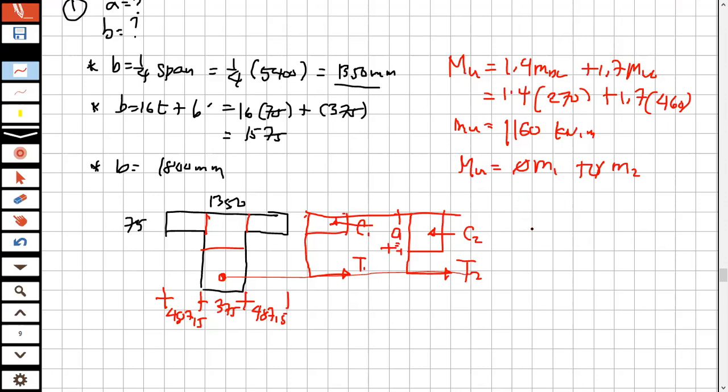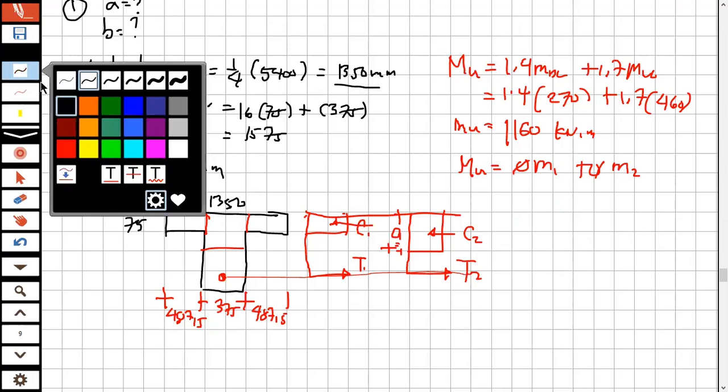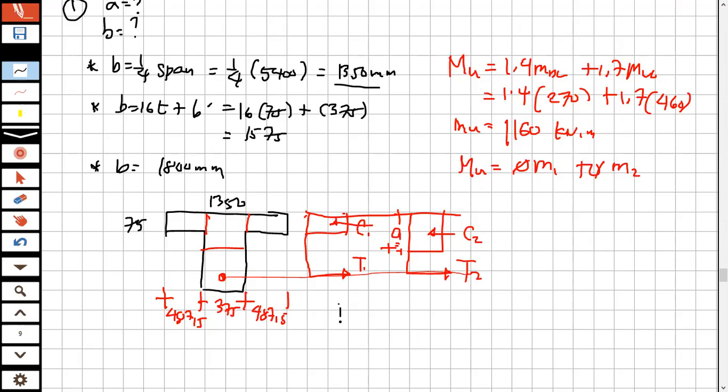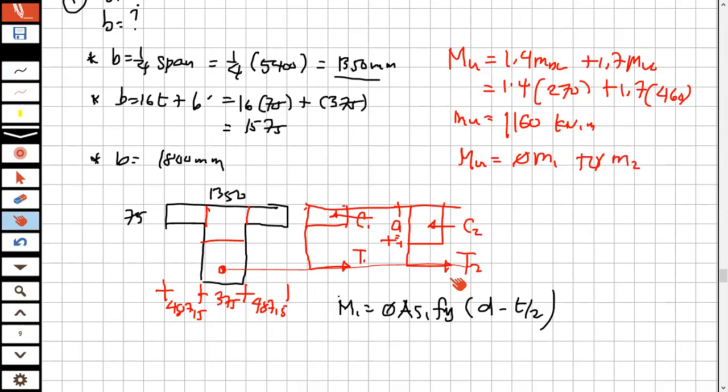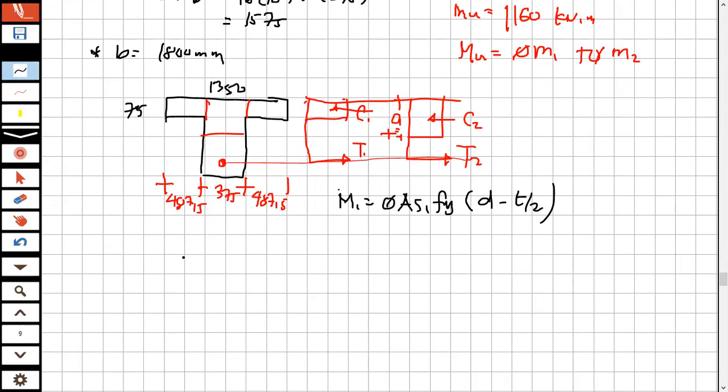What is M1? Here, M1 is phi times C1 times (d minus t over 2). Take note of the values that we have not yet computed.